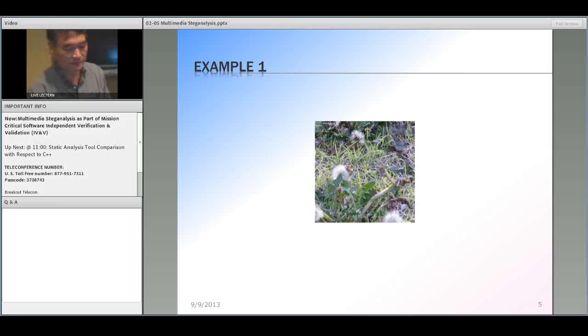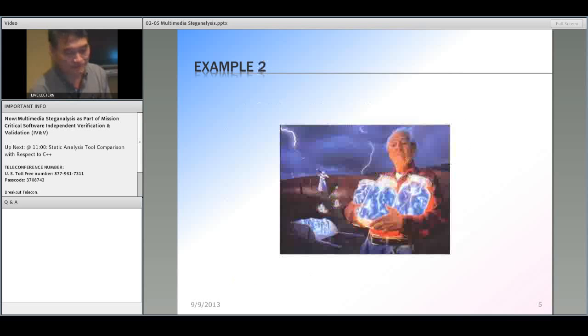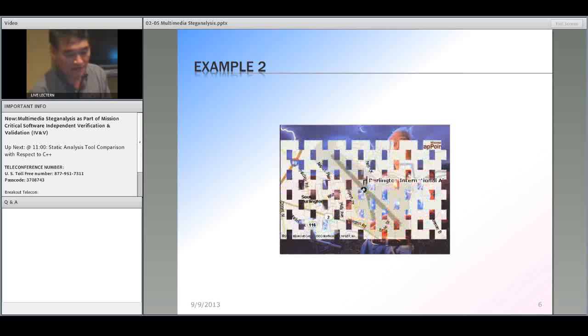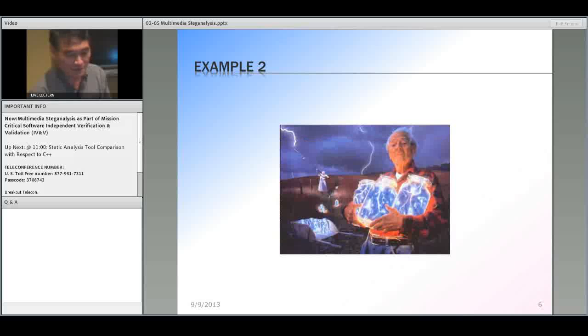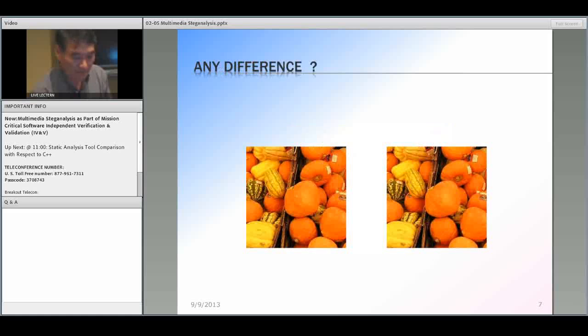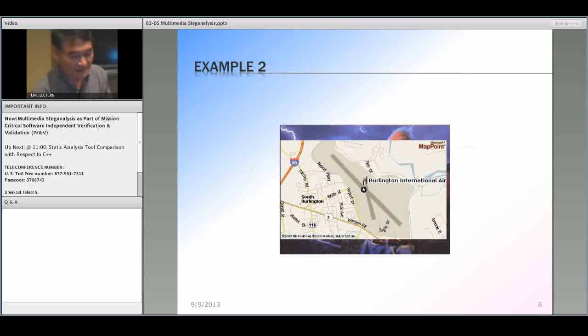Making the detection issue really challenging. Here's another example where this whole map is embedded into this picture. And the original picture may be called the cover. And the embedded thing may be called the steganogram.